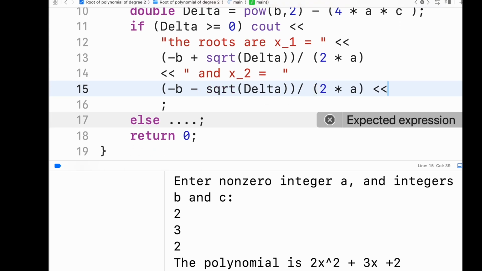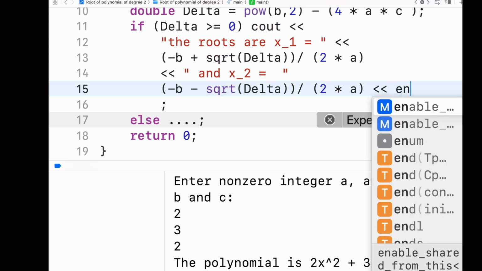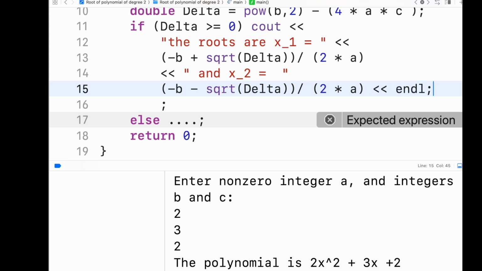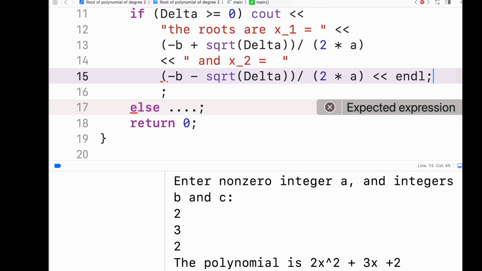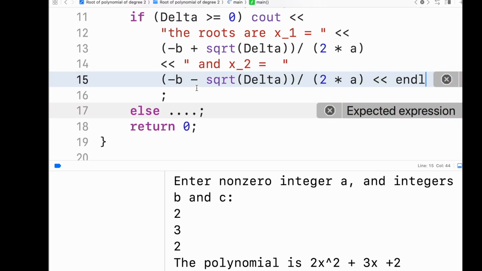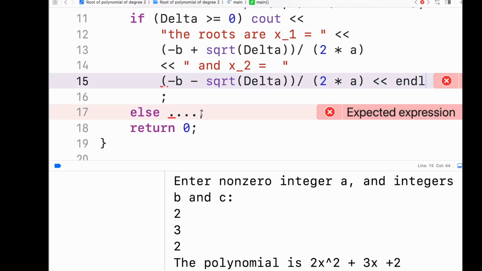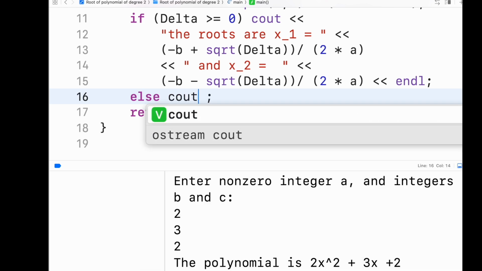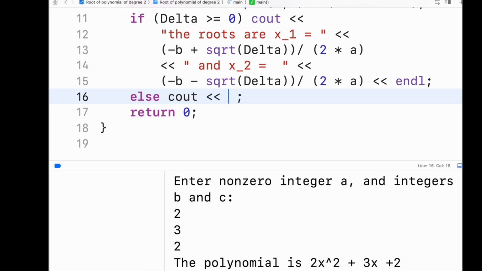And sometimes the roots are equal. This is the case when delta is 0, but no matter. And now we write, okay, there is no root for this polynomial.